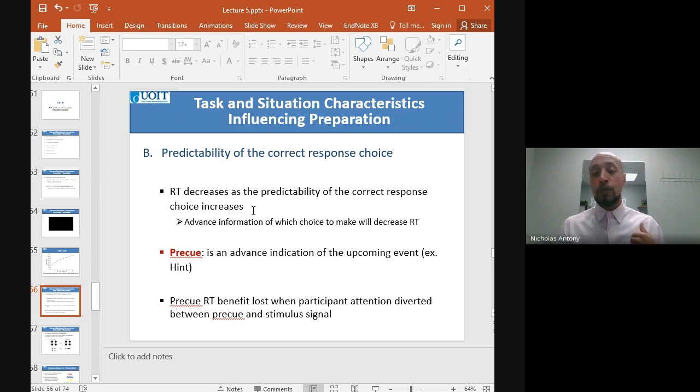If you were given a hint prior to being told the stimulus and the required response, it would decrease the reaction time because you would be able to process what you're going to do before. Does that make sense?